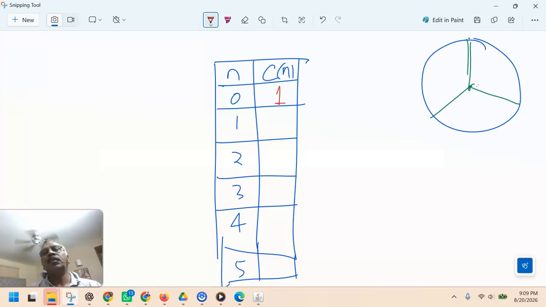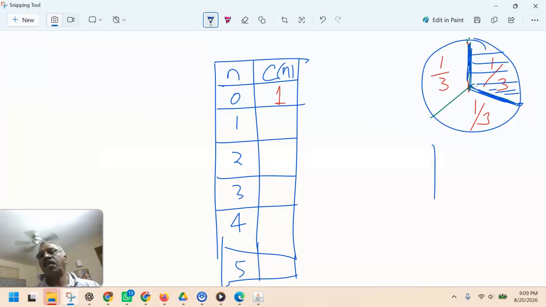Now, what fraction is remaining basically means you break this into three pieces, and each one is one third. Now one student takes off this piece, right? So how much is remaining is the question. What fraction is remaining?